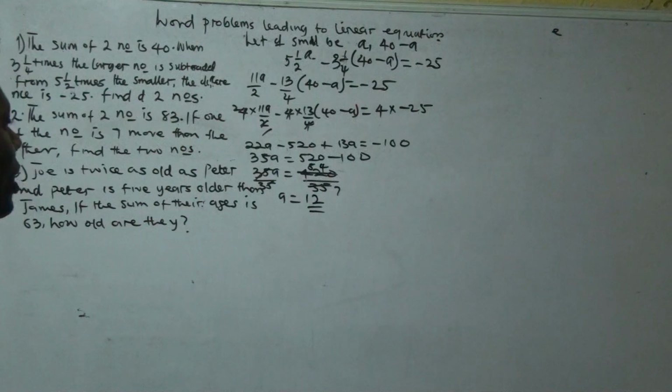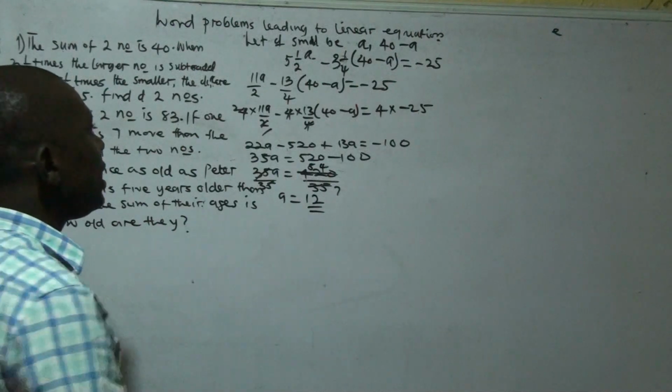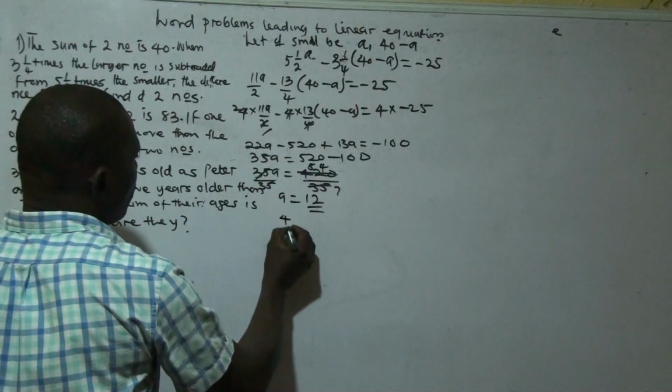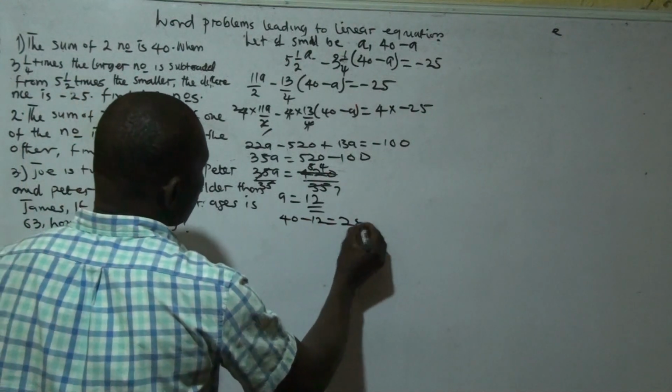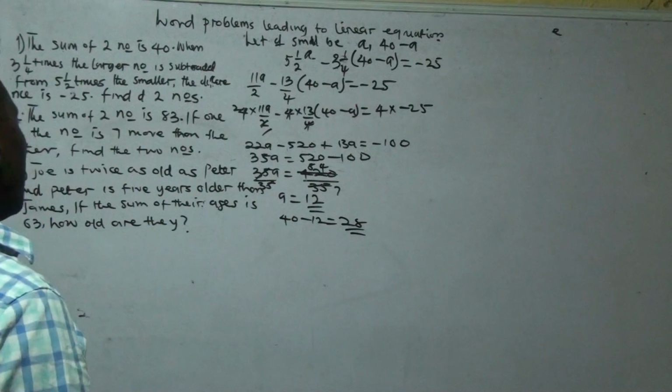So here the smaller number is 12, then the larger number will become 40 minus 12, and that will give us 28. Okay, that is the answer for that question.